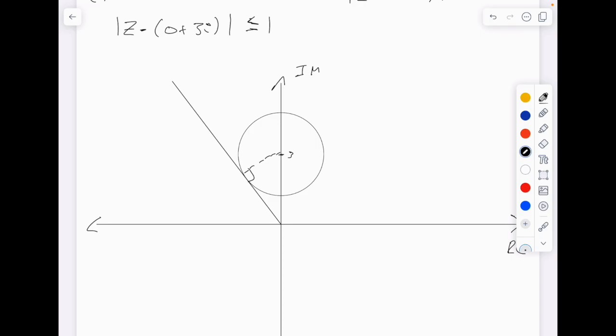We've got a right angle there. So I'm going to call this point here T. And I'm going to shade in this area quick, because that's what's represented by the conditions.